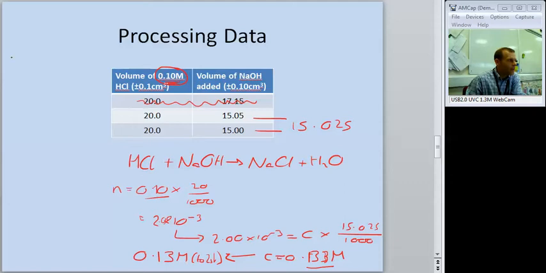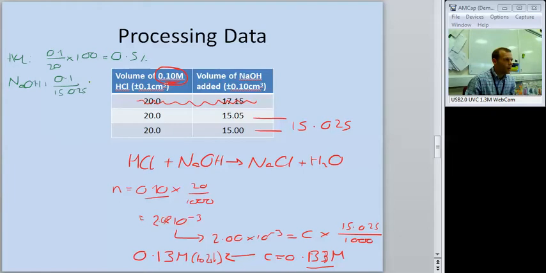Which means for the HCl, the uncertainty due to the HCl is going to be 0.1 divided by 20 times 100. So it's the uncertainty over the reading as a percentage, which comes out to be 0.5%. And then for my NaOH, the uncertainties associated to that I've used in my calculation, it's going to be 0.1 divided by 50.025 times 100, and the uncertainty there is 0.67%.